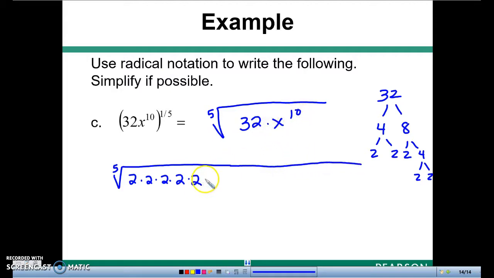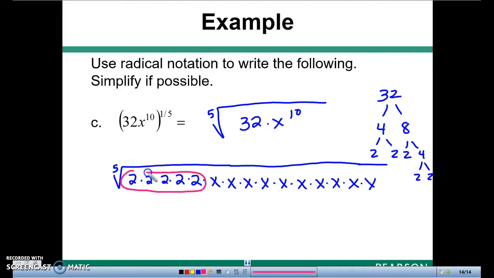Okay, x to the 10th. This takes a little bit of time, but, you know, slow and steady wins the race. 1, 2, 3, 4, 5, 6, 7, 8, 9, 10. All right. The index says group 5 identical numbers or variables together.